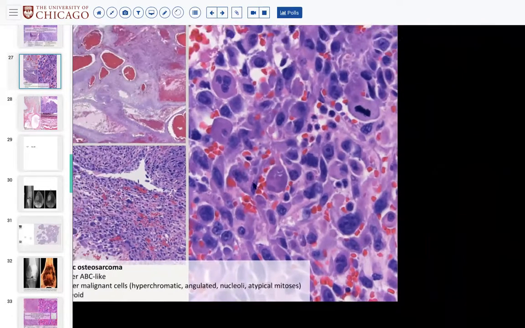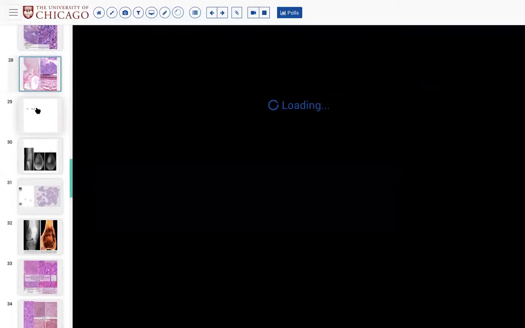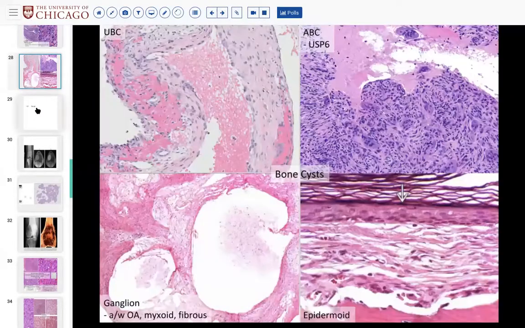So this is an example of telangiectatic osteosarcoma. Other non-malignant cystic bone lesions might include a unicameral bone cyst, which doesn't have as much of a cellular background. It has more of this almost ropey, eosinophilic, collagenous wall, still with maybe an occasional giant cell, but much thinner walls, much less fibrous tissue.